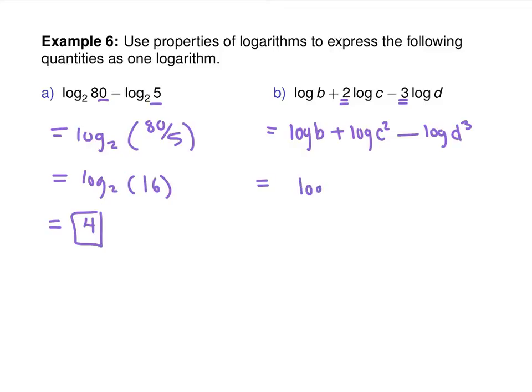And if you put them together into one log, which things are b squared, c squared? b c squared divided by d cubed. Everything that is positive came from a numerator. Everything that's negative came from a denominator because you did something minus something else. You could also think that this negative could be part of a power. It could be d to the negative 3rd power, which ends up in the denominator as well.